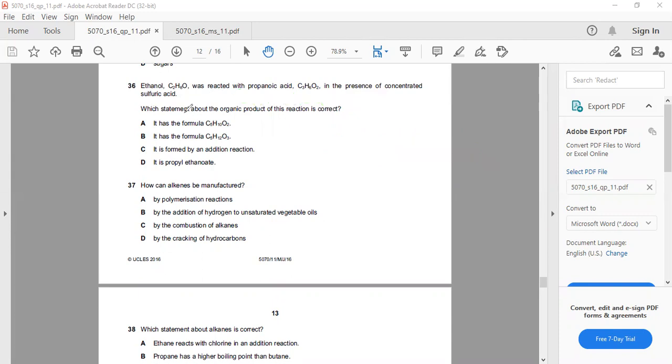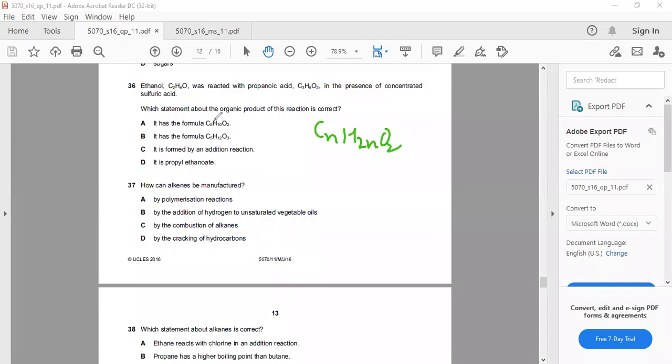The question is when you react, the ester has this general formula. So apply this and then let me know which one is correct. It is 3 carbon here, 2 carbon here, 5 carbon.